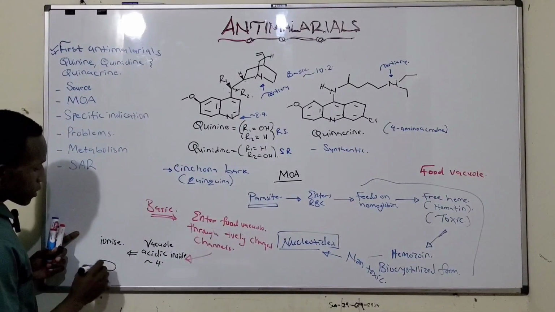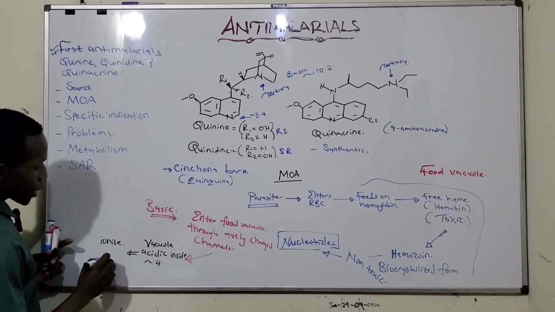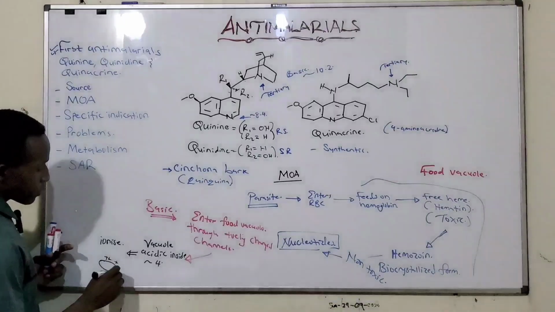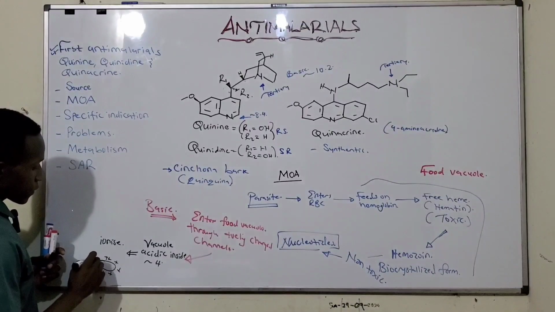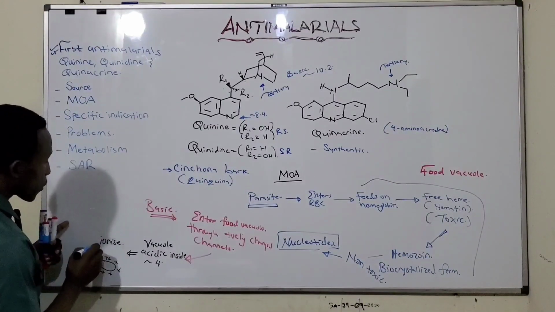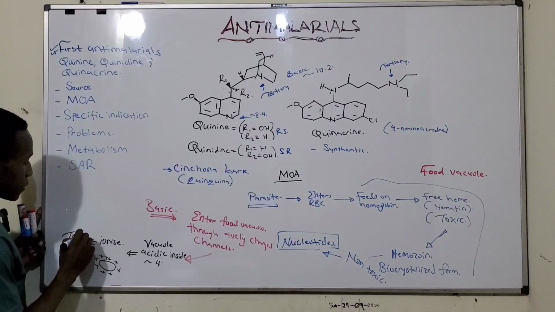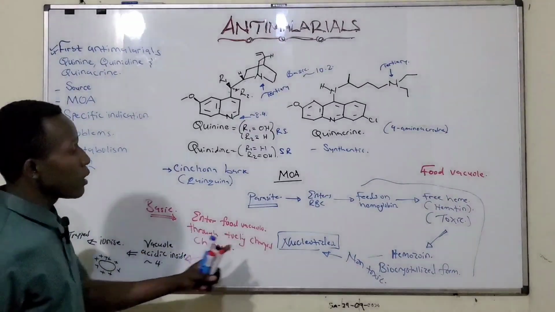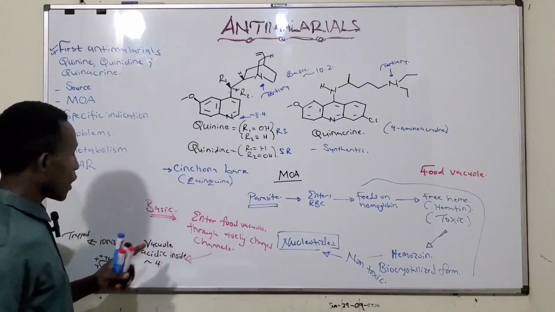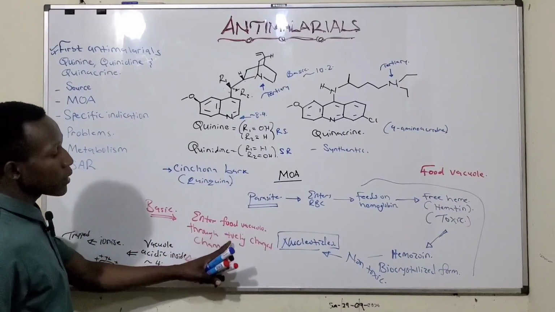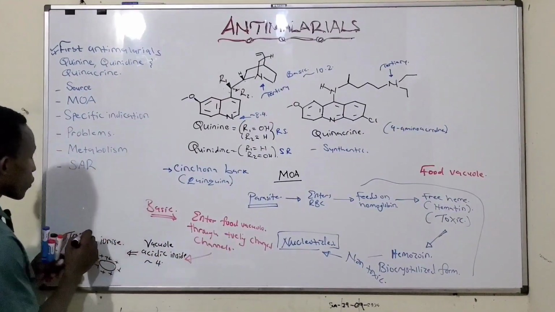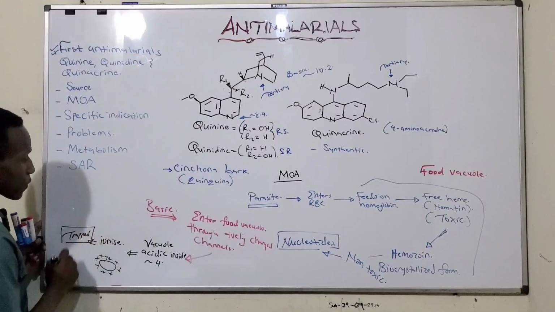So outside it will be charged with protons, and this drug will be trapped inside the food vacuole. And remember also the channels are positively charged. So this drug will remain in the food vacuole.